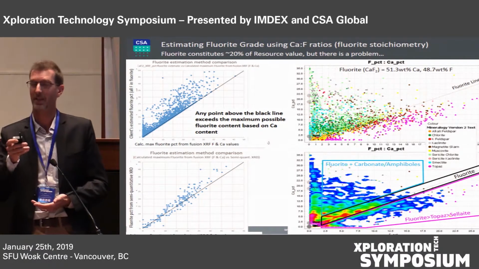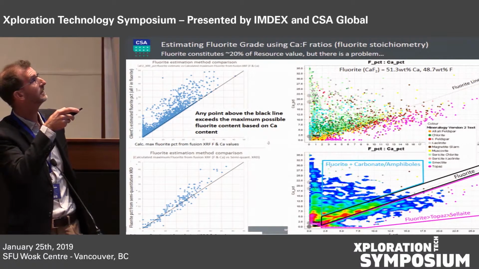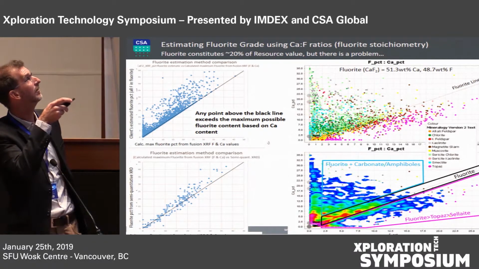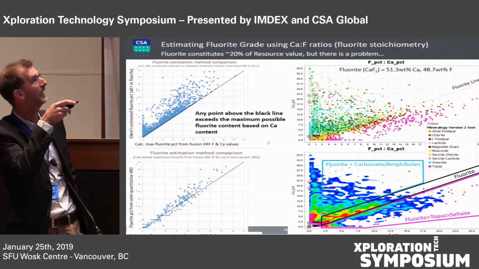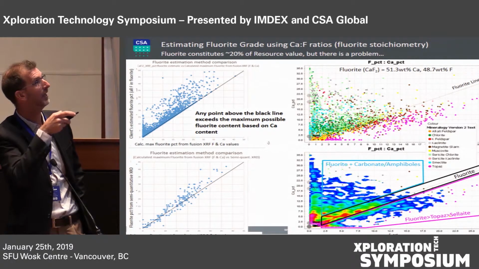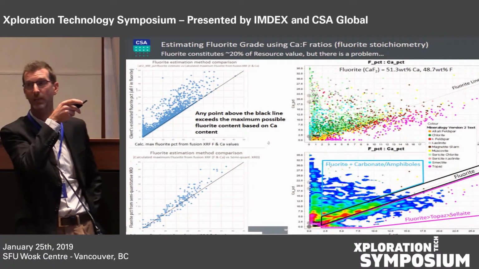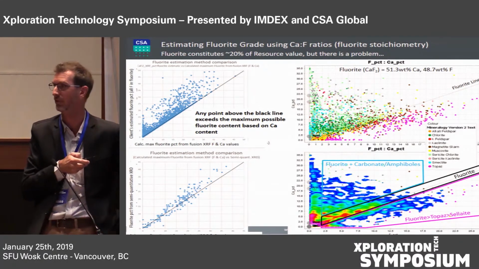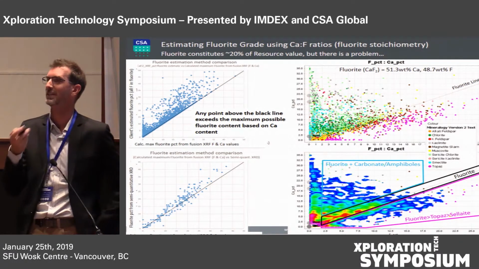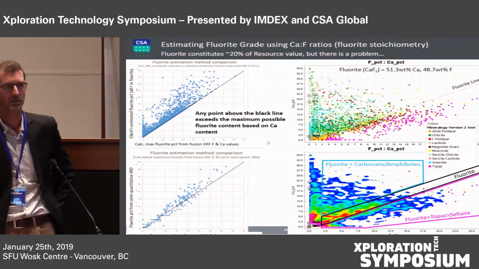The problem is that when we looked at the fusion fluorine estimate of fluorite on the y-axis here versus the stoichiometry of fluorite, i.e. the amount of fluorine and calcium, there was nowhere near enough calcium available to make fluorite from all of the available fluorine. So what this meant was that they had been overestimating the amount of fluorite in their resource.